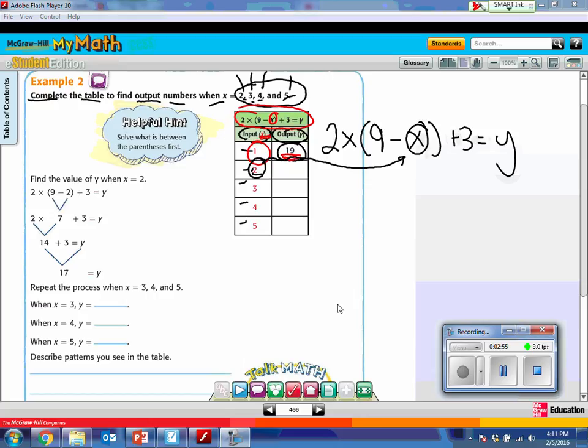I'll even go ahead and put the number 2 in there. All right? So now we can go ahead and start solving this. We know that 9 minus 2 equals 7. So now we have 2 times 7 plus 3. And of course I'm going to do my multiplying first, which equals 14, plus 3 equals 17.